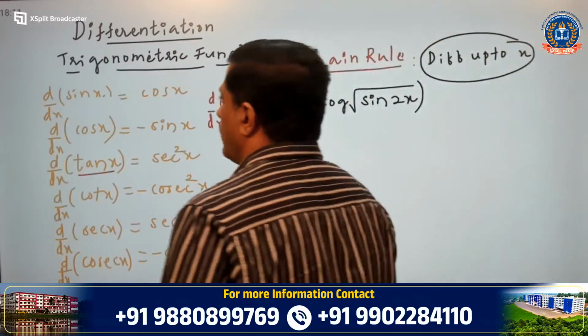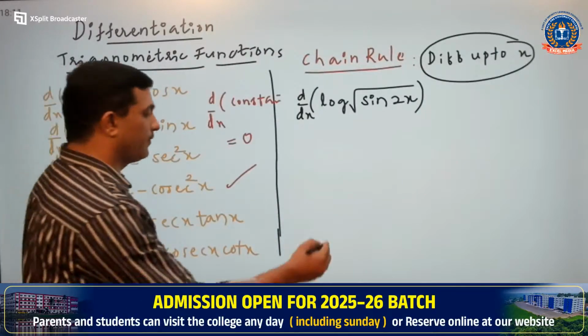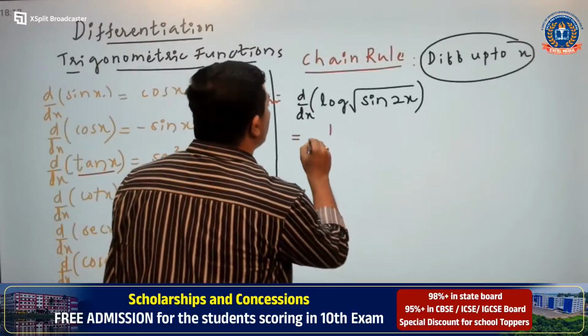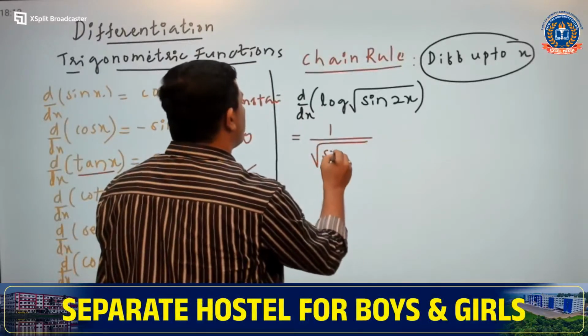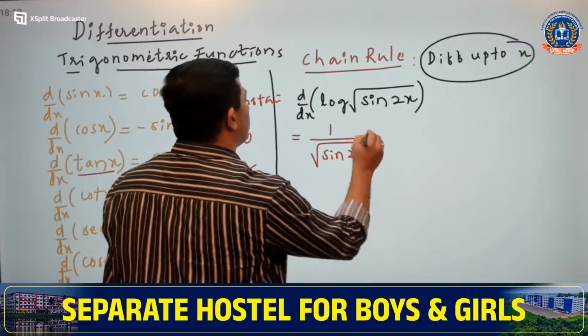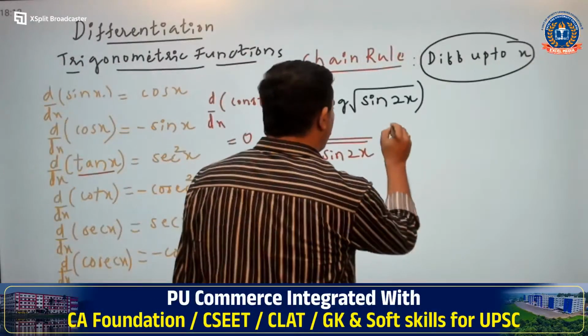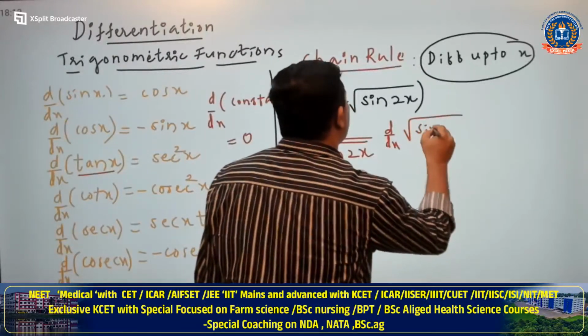See, first of all, what is the outer function? Outer function is a log. So the log derivative is 1 by x form, that is 1 by root of sin 2x. Okay, this is the first case. Then we need to find the derivative of root sin 2x.